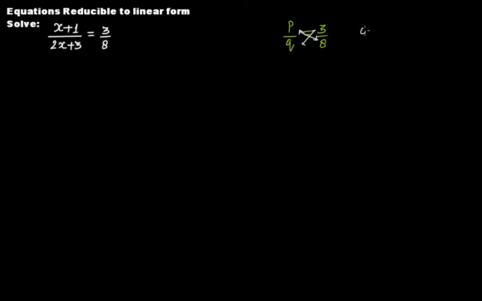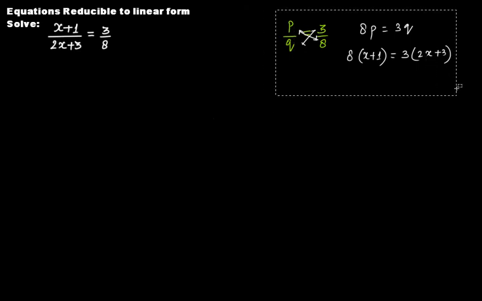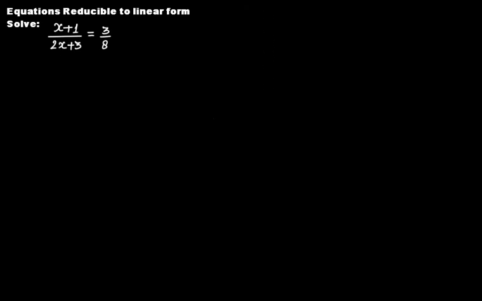That is 8p is equal to 3q, where p is x plus 1 and q is 2x plus 3. Then you can simply solve it. So it's really very easy. Whenever you see such a situation, simply do the cross multiplication.